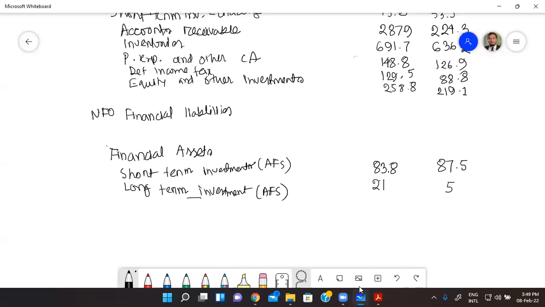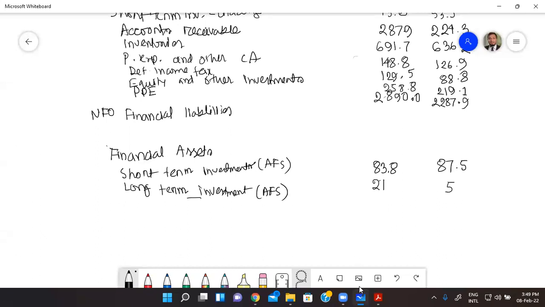Property, plant, and equipment. There is no more confusion regarding property, plant, and equipment. It should be operating. The amount is net 2890. If it is 433, it should be 0 here. And 2287, here it is 899, so it should be 9.